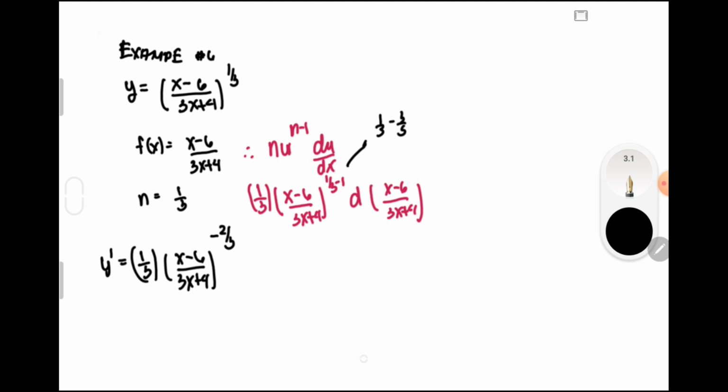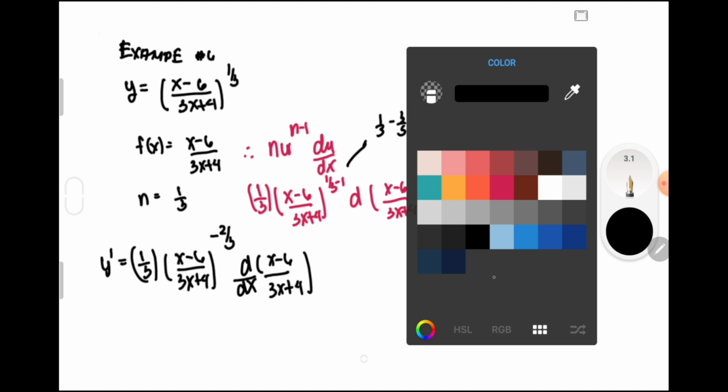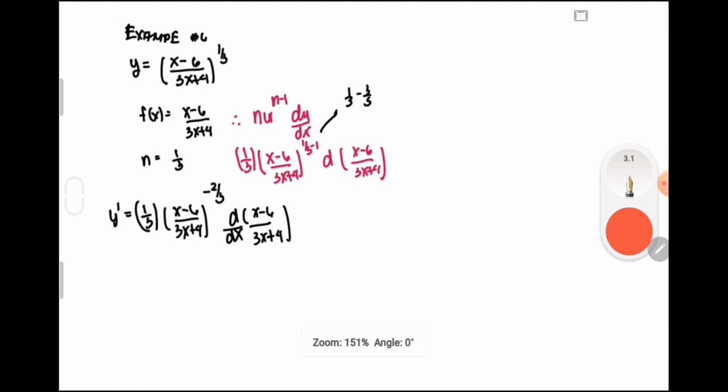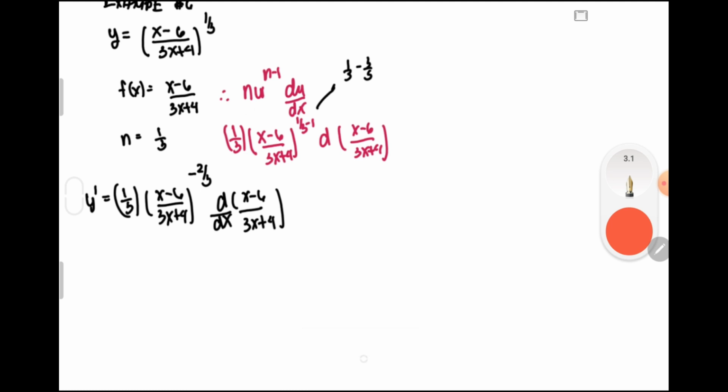Okay, so multiplied by the derivative of our (x − 6) all over (3x + 4) with respect to x. So how will we solve this one? Of course, we would differentiate it using our quotient rule, wherein we have u of x equal to x − 6 and our v of x equal to 3x + 4.